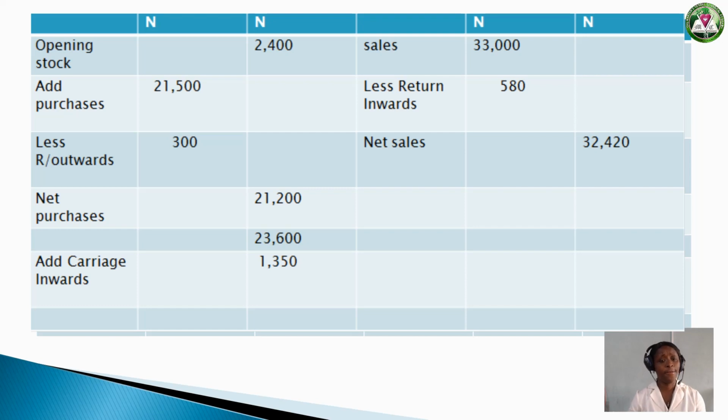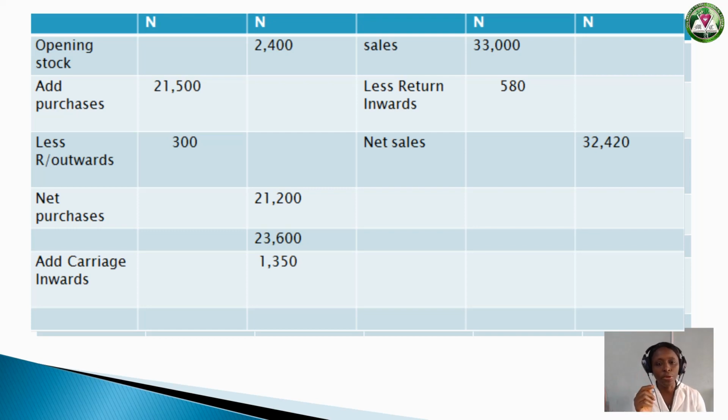Okay, we have the return outwards. That is goods you sent back to where you bought them. So you purchased them, so they are called the return outwards. So the return outwards is how much? 300 naira. You put it at the first naira sign at the left hand side. You minus the 2.